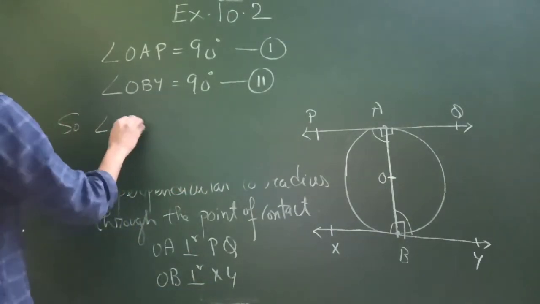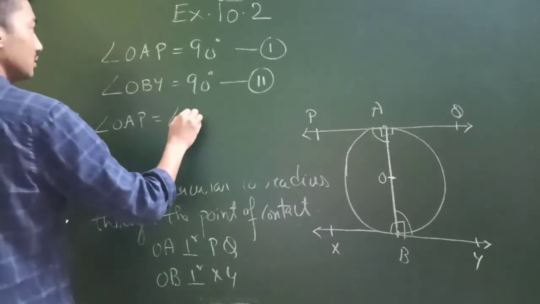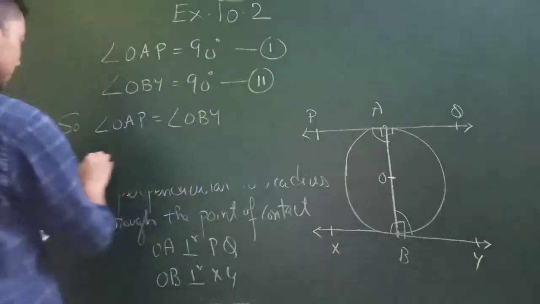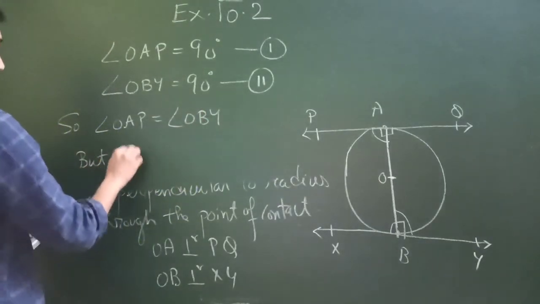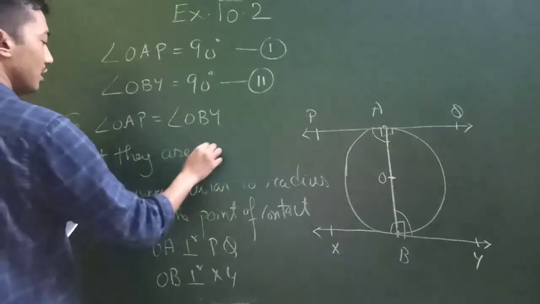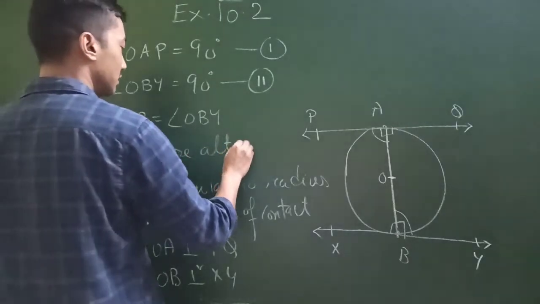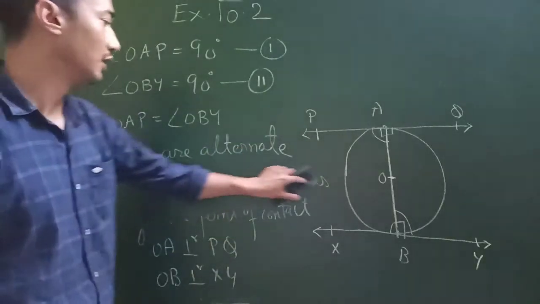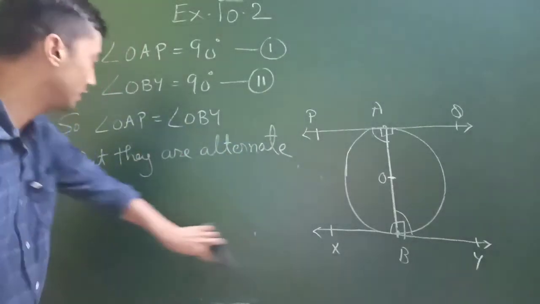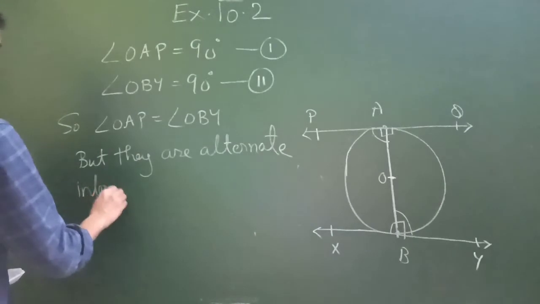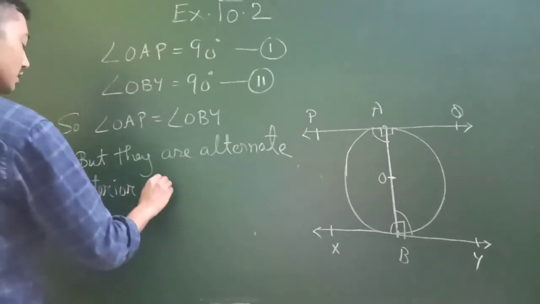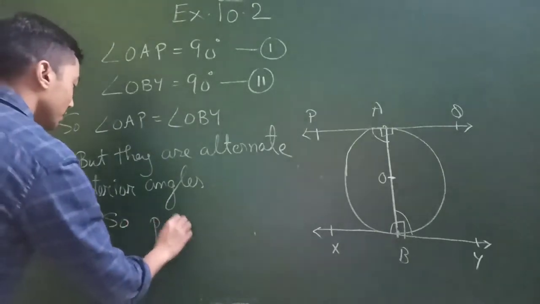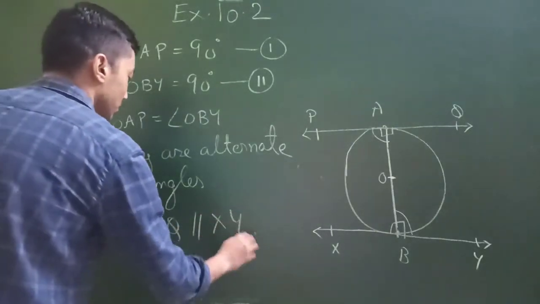So angle OAP is equal to angle OBY, and they are alternate interior angles. So PQ is parallel to XY.